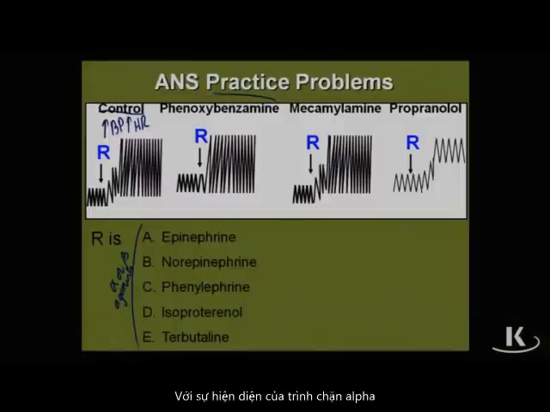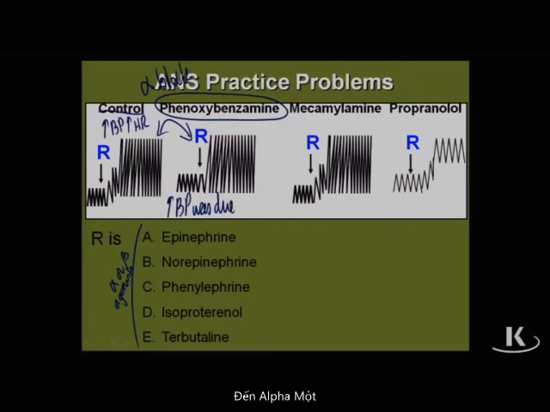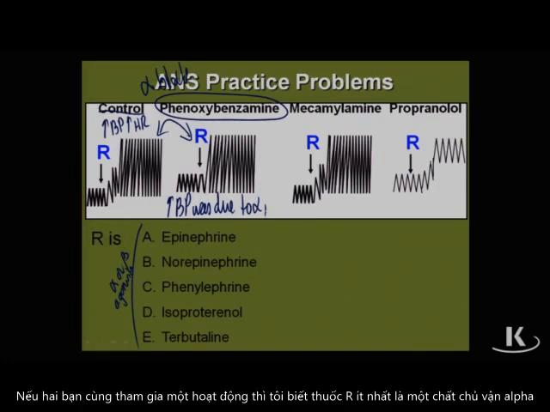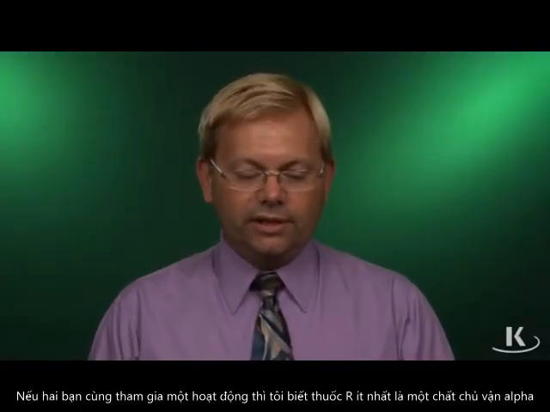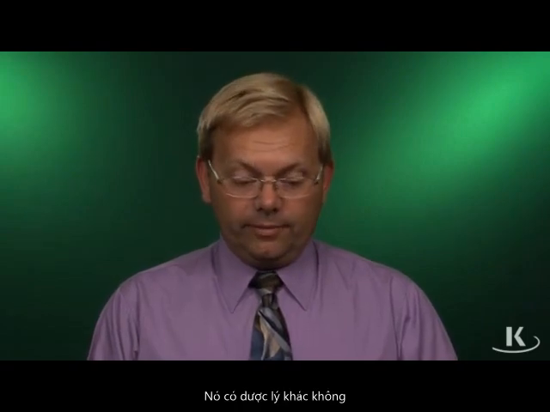In presence of the alpha blocker phenoxybenzamine, is there a change in drug R's response? Answer is yes, there's a change. There's no more increase in blood pressure. Therefore, the increased blood pressure was due to alpha-1 activity. If it was due to alpha-1 activity, I know drug R is at least an alpha-1 agonist. Does it have other pharmacology?